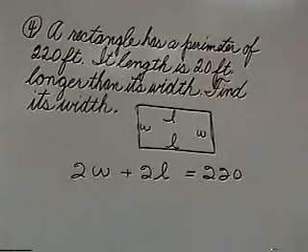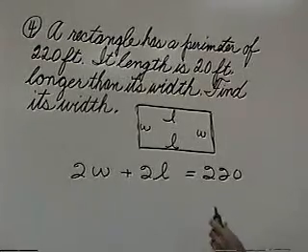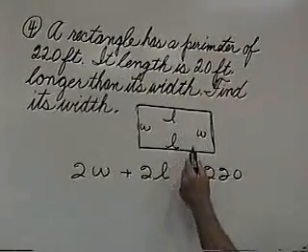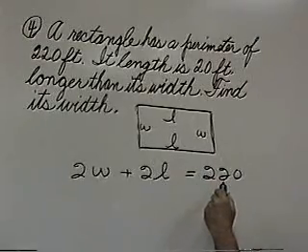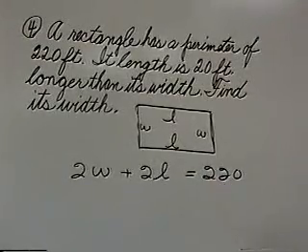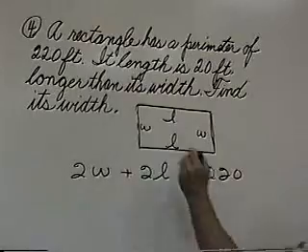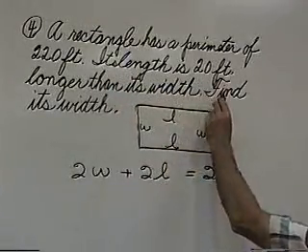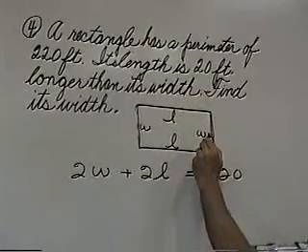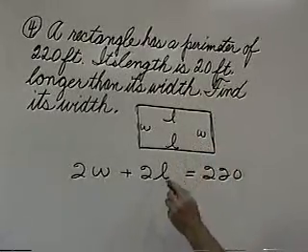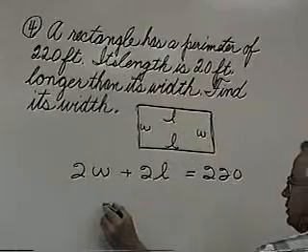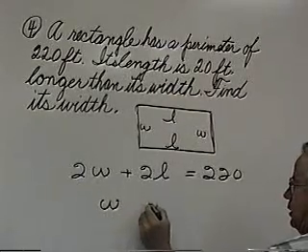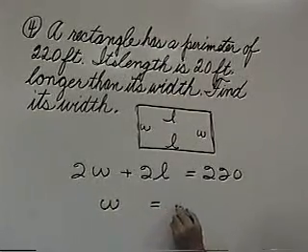First sentence says, a rectangle has a perimeter of 220. So, draw the figure and label it. Then it says, its length is 20 more than its width. Okay, we need to make an equation there.